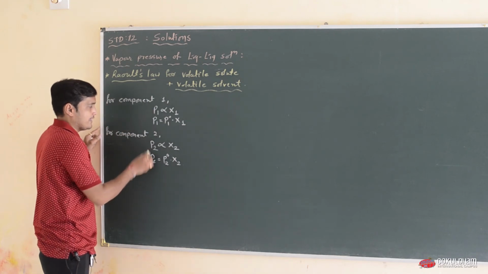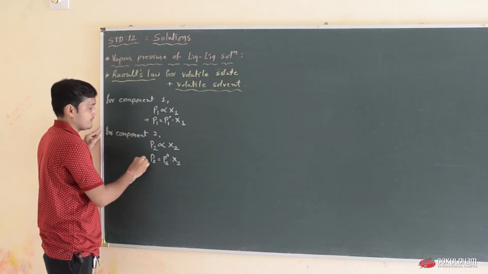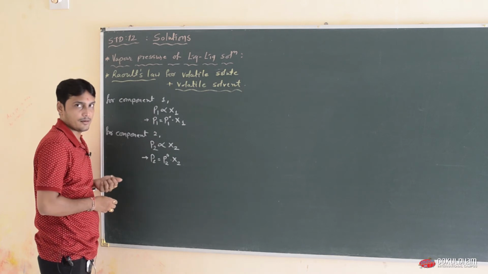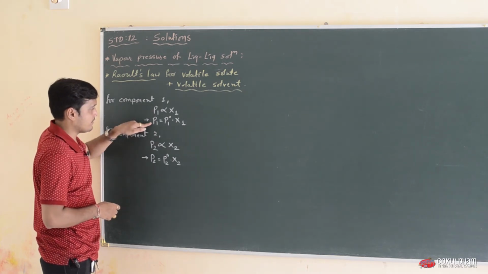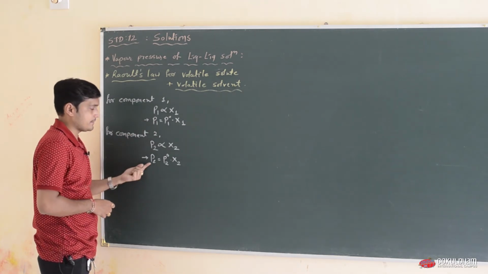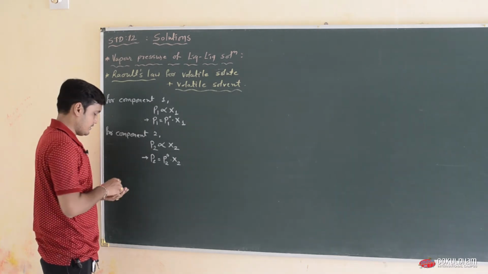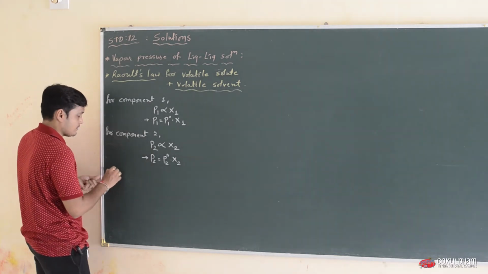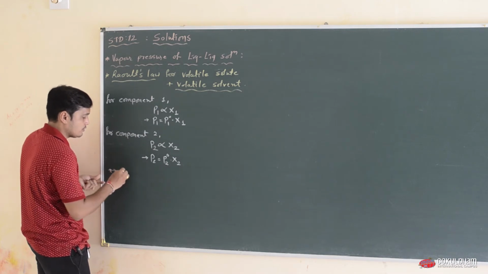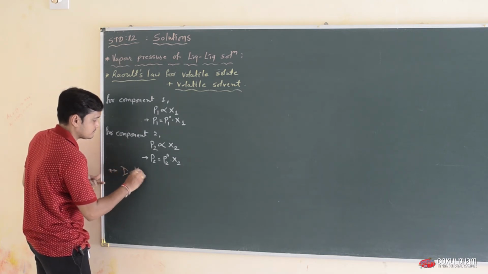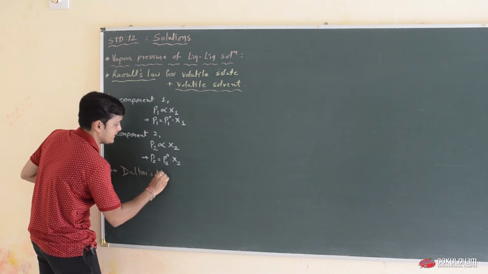Now we have two values: first is for P1 and the other one is for P2, the vapor pressure of component 1 and the vapor pressure of component 2. Now you have to describe this rule by Dalton's theory.